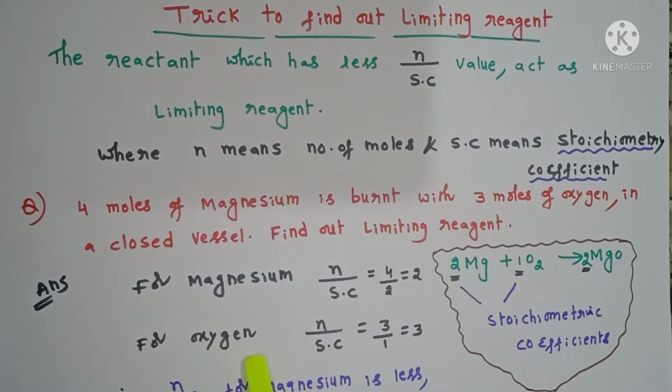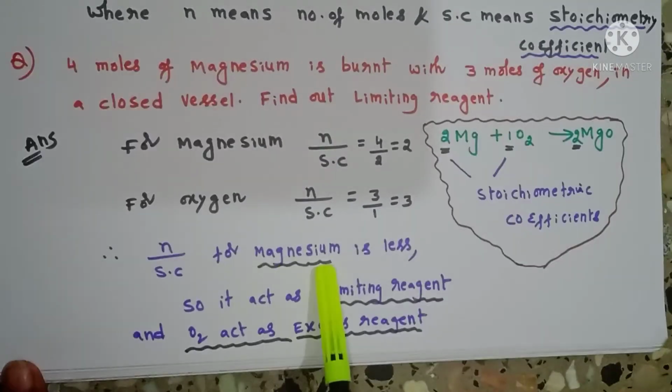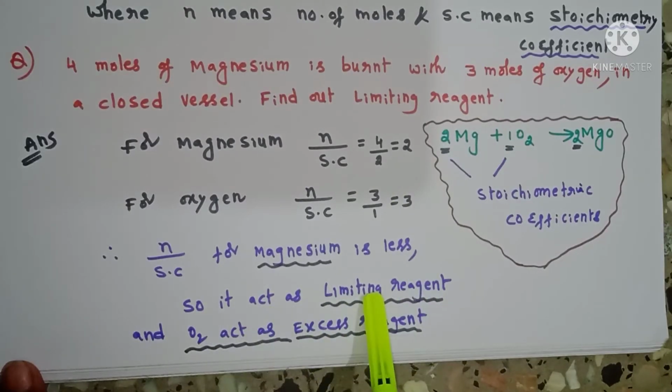And for oxygen, the number of moles is 3 and the stoichiometric coefficient is 1. So 3 by 1 will be equal to 3. So the N by Sc value for magnesium is less, so it acts as the limiting reagent and O2 acts as the excess reagent.